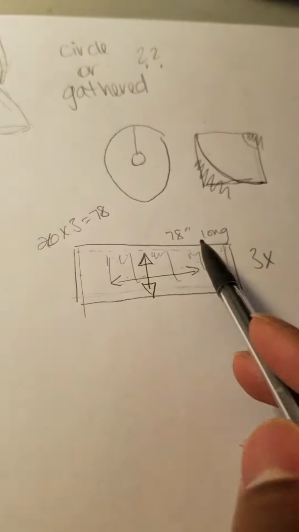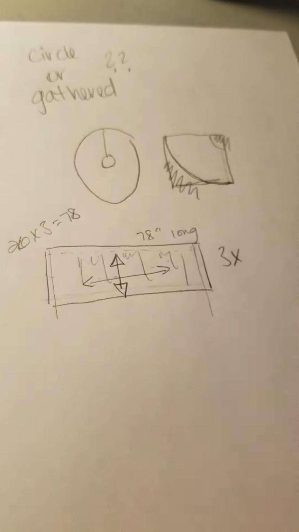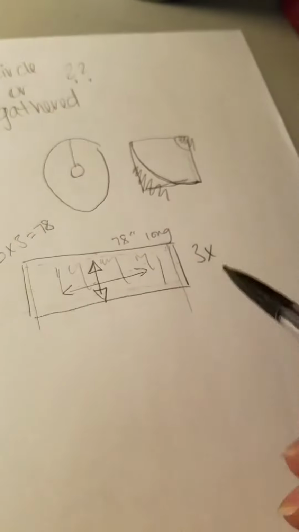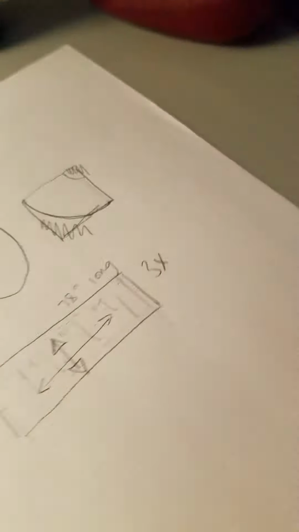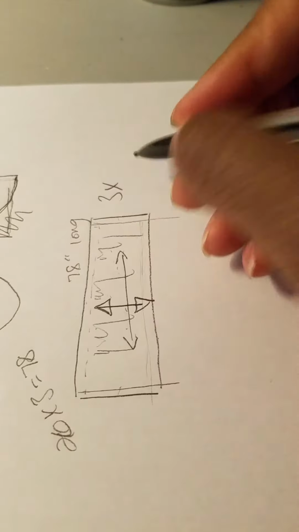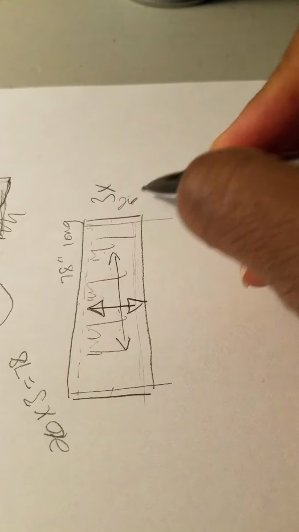It's just where you're going to be able to put this big old 78-inch long piece of fabric, or this pattern piece that you need. And really, essentially, you could turn your fabric like this, and let's say the skirt we need it to be 26 inches long.